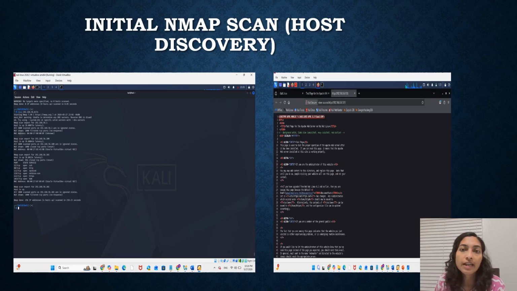I also see that port 80 is open, which is the standard port for HTTP. That means I should be able to pull up a web page from the target.